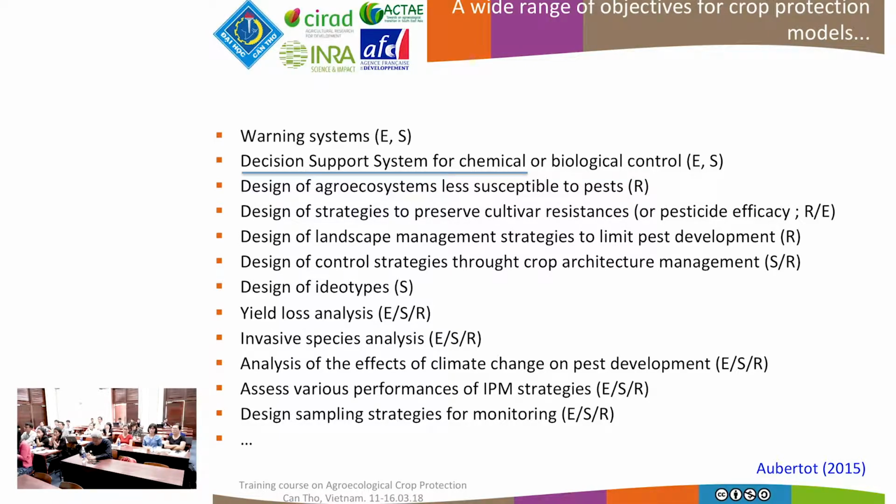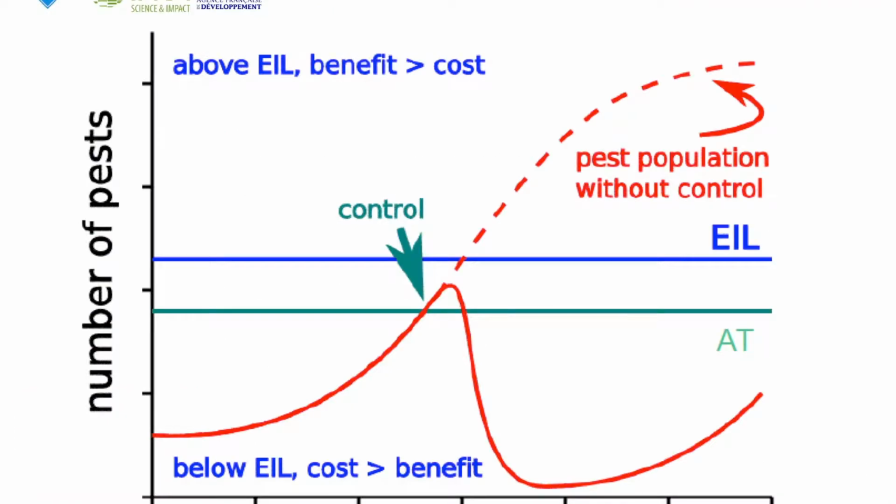So here you have the line that represents the pest development, and this dashed line is the pest population without any control. If you are higher than this economic injury level, it means that you will lose money if pest development is higher than this threshold.